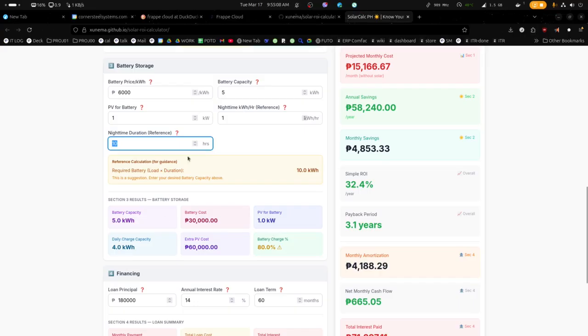Then you can already see the results: the 1 kilowatt for the battery, the battery costs times 5, the extra PV cost of 60,000, and the daily charge capacity, which is 4 hours of 1 kilowatt PV. You then get the ratio of the daily charge versus the battery capacity of 80%, so you've not maximized your battery. But the problem is that sometimes that's what they sell. They sell you a 5 kilowatt battery and you have no other option.